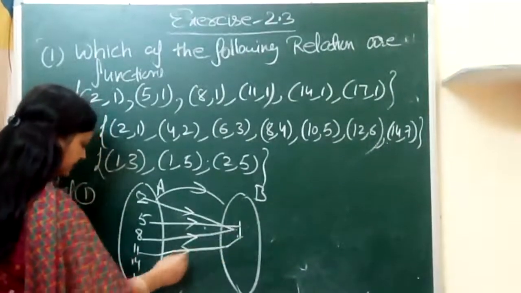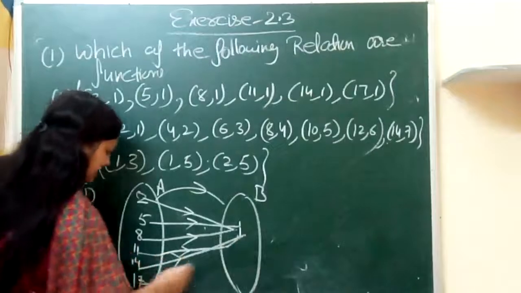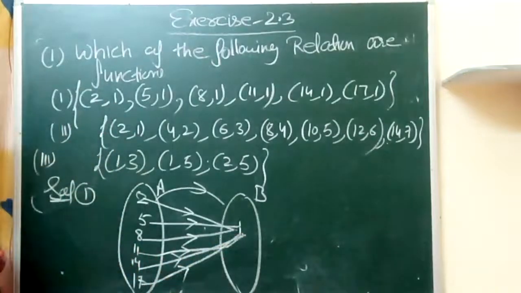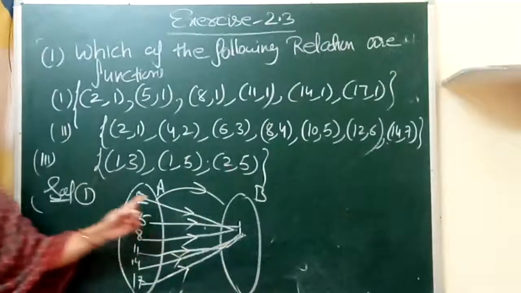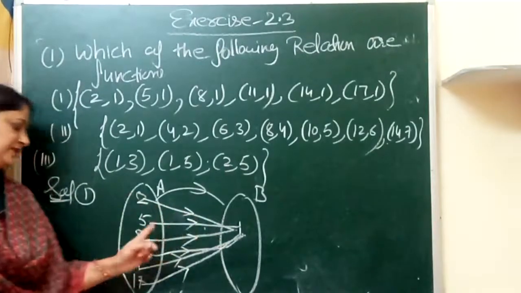All the elements have a unique image. In this set, you can see the image of 2 is 1, image of 5 is 1, image of 8 is 1, image of 11 is 1, 14 is 1, and image of 17 is 1.